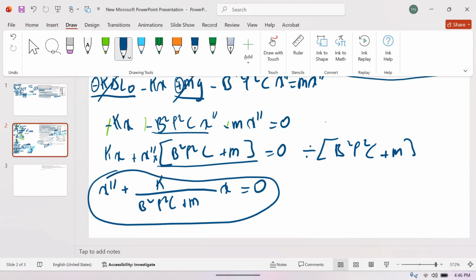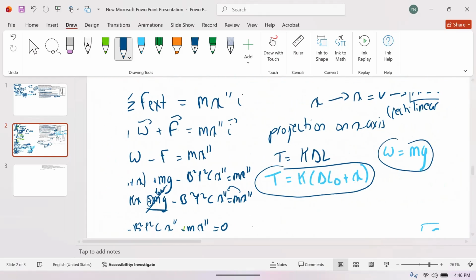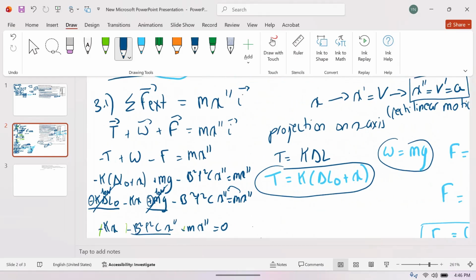It's not so hard. They told you to start with Newton's second law. If they didn't say that, it might be a little bit hard, since some of you are not familiar with how to get a differential equation from Newton's second law. But since they gave you the way to solve it, it shouldn't be that hard.